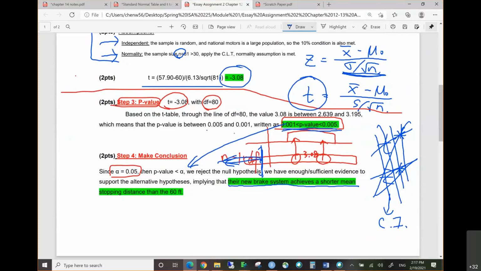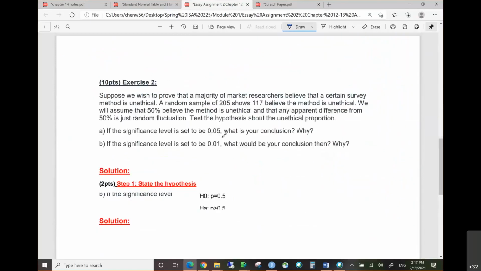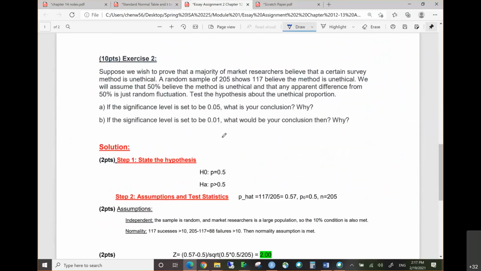All right, okay, so this is about your first exercise. And for the second exercise, the problem just happened in the first step, state the hypothesis. Right, so when you state the hypothesis, especially the alternative hypothesis, what is your alternative hypothesis?